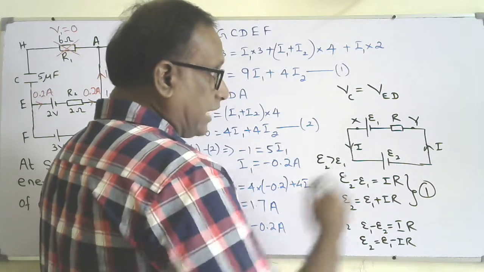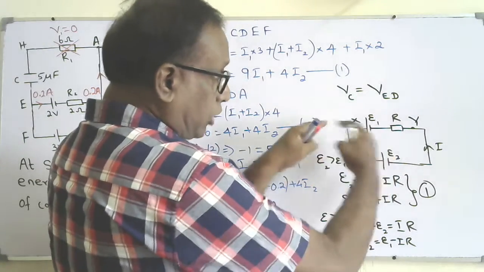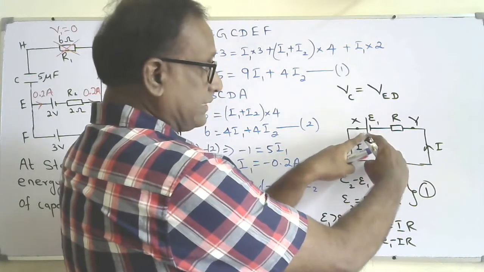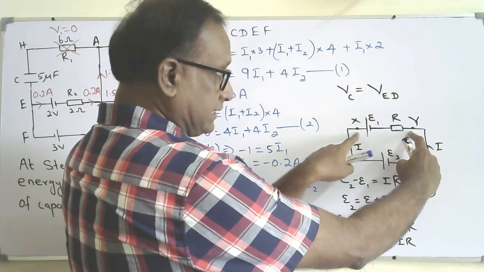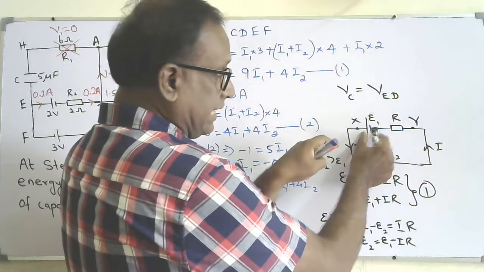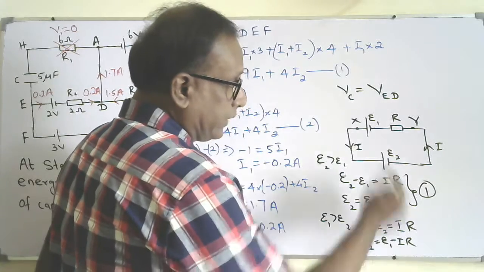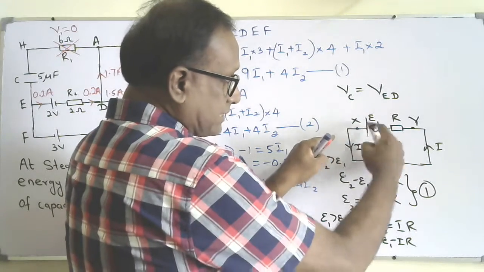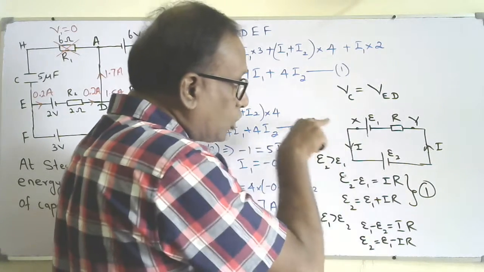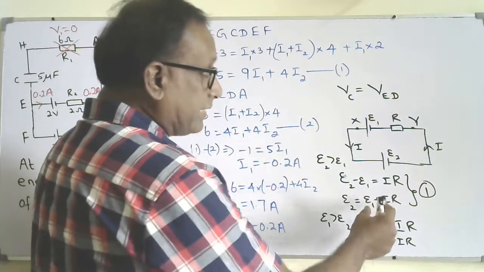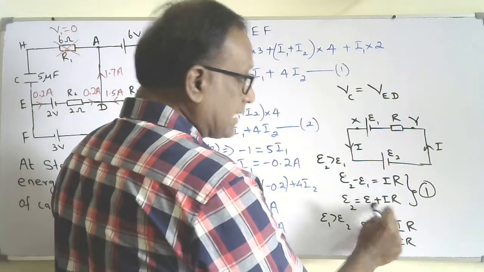That means if the current comes out of the positive terminal of the cell and there's a resistor connected in series with that cell, the total voltage across the cell and the resistor is given by E1 minus IR. If the current goes into the positive terminal, as I already explained, it's given by E1 plus IR.